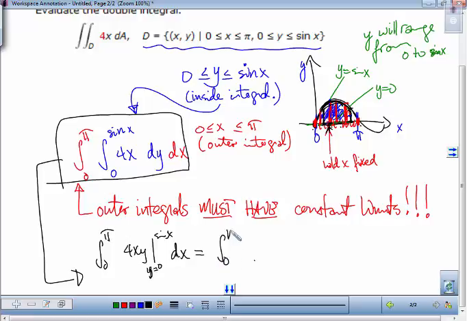Then we have the integral from 0 to pi of 4x sine x. Isn't that one of those unsolvable integrals? It's not unsolvable. Oh wait, it's sin x minus x cosine x?